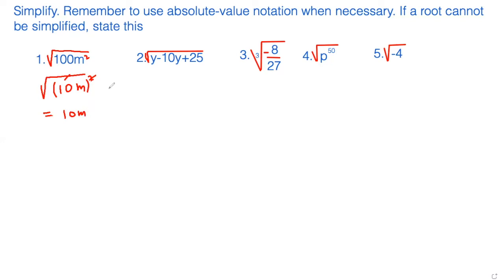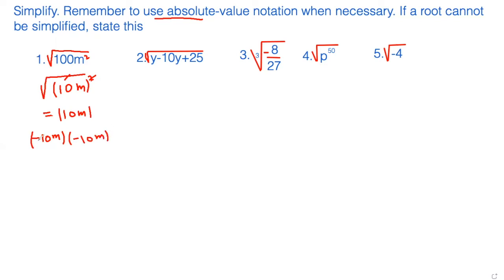Now, if you notice, here they are asking you to use absolute value notation if possible or when necessary. So in this case, you can put it under an absolute value bar, meaning even if it is negative 10m, you will still get 100m². So you can multiply negative 10m times negative 10m.